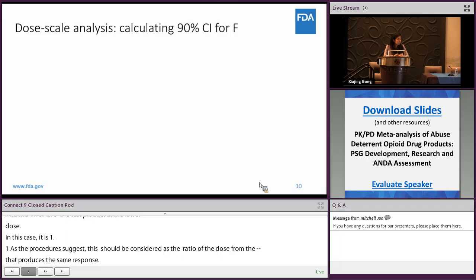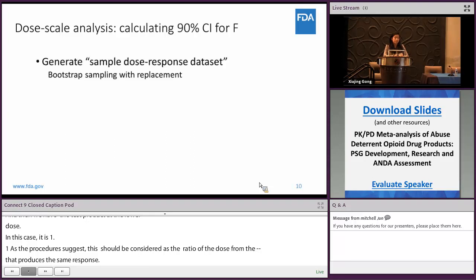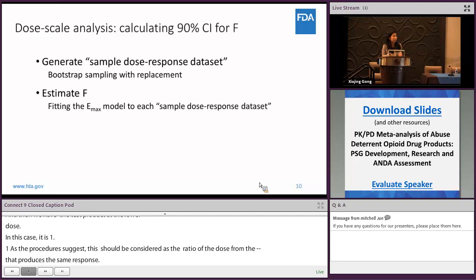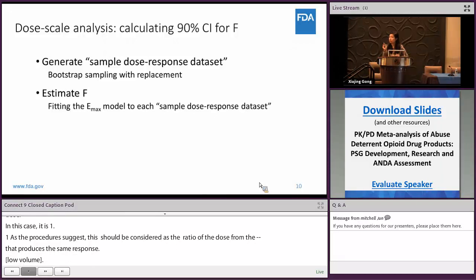So to establish BE, the 90% confidence interval of F should be calculated using a bootstrap procedure. First, a sample dose response data set is generated using bootstrap sampling with replacement. And then for each sample dose response data set, F is estimated by fitting the Emax model using either method 1 or method 2.